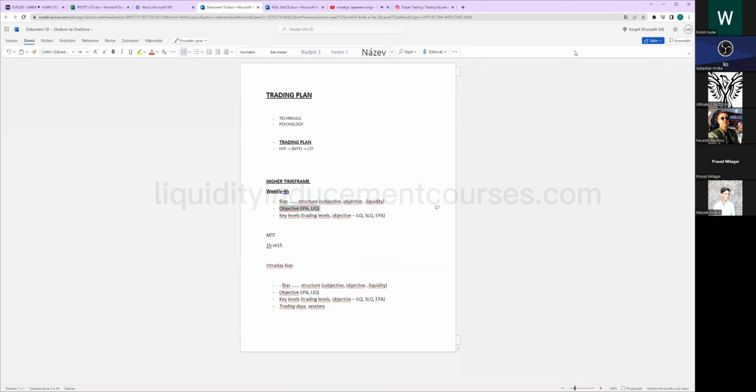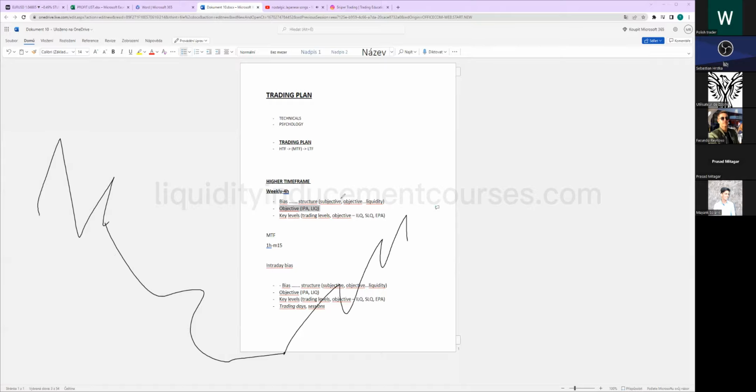For example, if you have a high from the left, let's say, let me delete this as well. If you have something like this, and this is 4 hour time frame, and you're here, and this is, let's say, previous week high as well, previous day high, whatever, from 2 weeks ago, this can be your target.